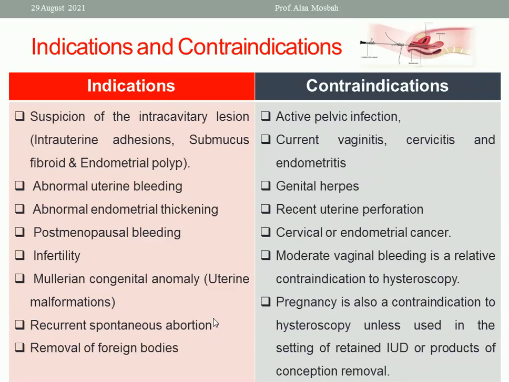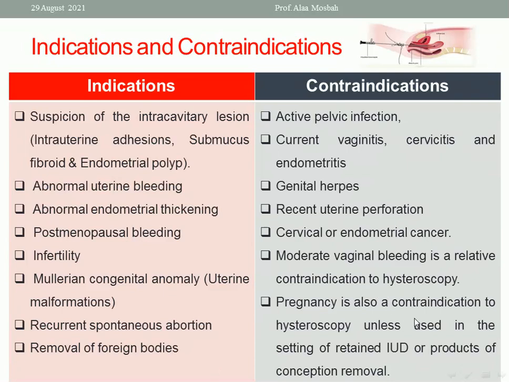Also can be used in cases with suspected Mullerian congenital anomaly as uterine malformation, as uterine septum, and so on, septate uterus. Also can be used to remove a foreign body or embedded IUD retained inside the uterus, for extraction of the IUD.